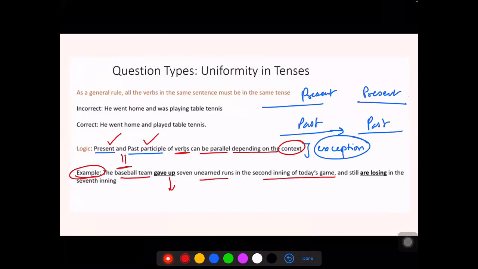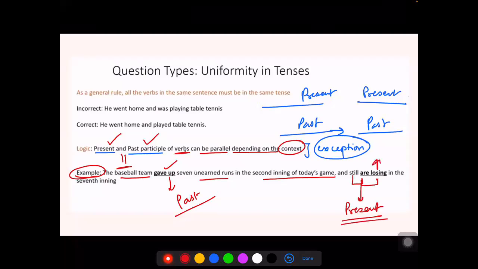So 'gave up', I have used the verb, right? And it is in past. The verb is not a matter of concern; the past sentence is a matter of concern. All right, gave up, past, in the second inning of today's game, and still are losing. 'Are' here is used as a present participle tense.